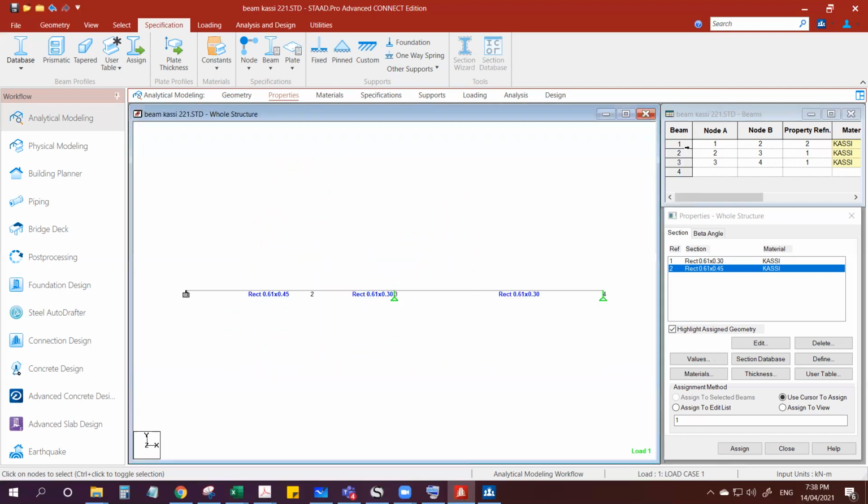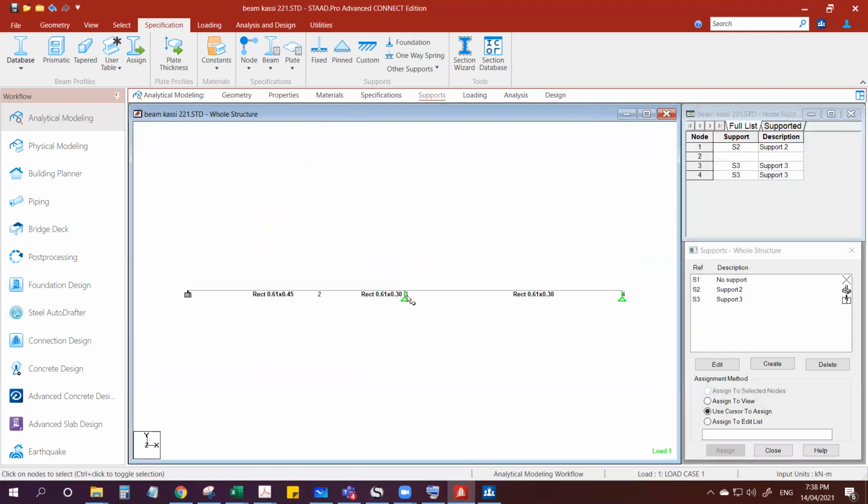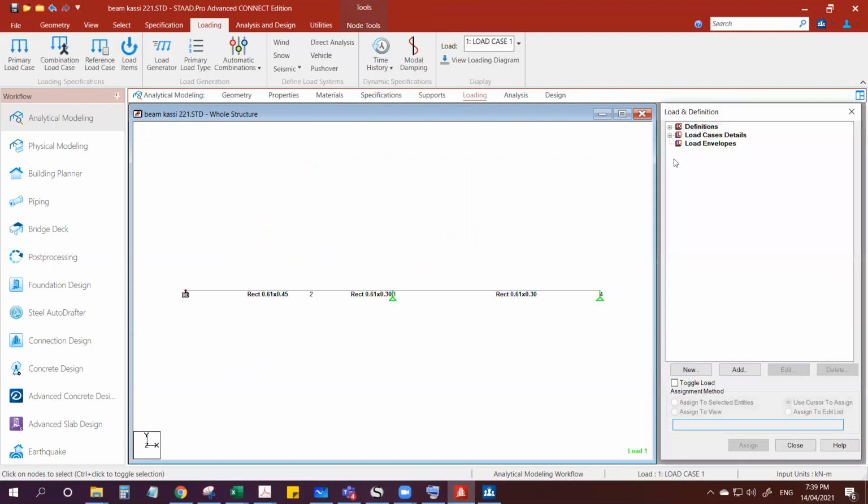Okay, so close this. For the supports, fixed but on these two nodes here because they will allow rotation but no vertical displacement. And fixed here. For the loading, expand this.